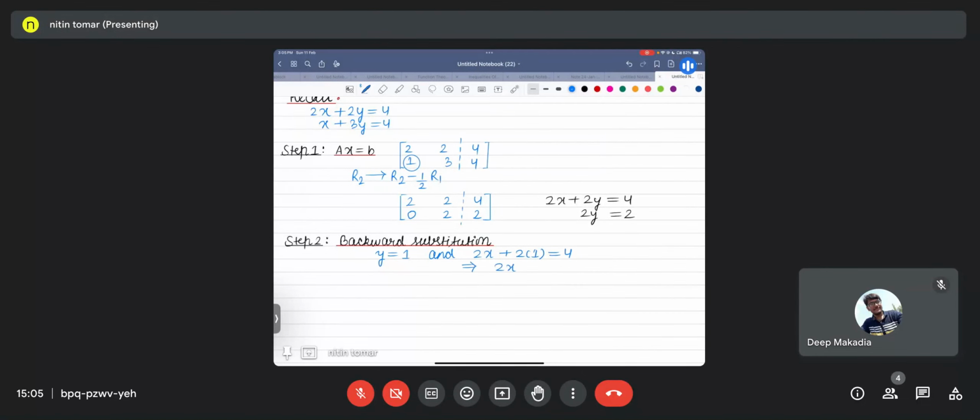Step by step we'll go, which implies 2x equal to 2, and so x is equal to 1. Therefore, x equal to 1 and y equal to 1 is the solution.